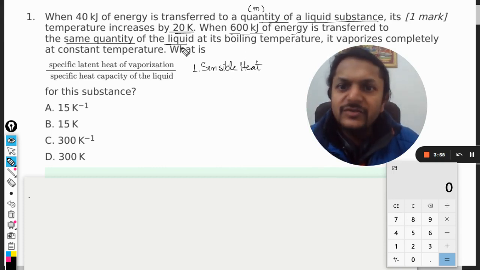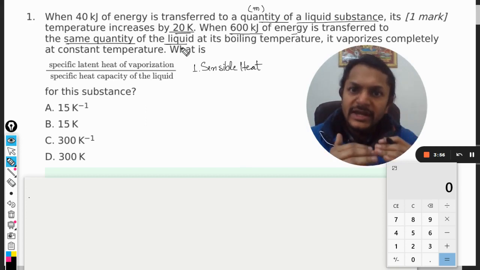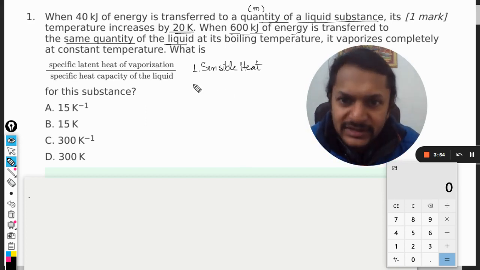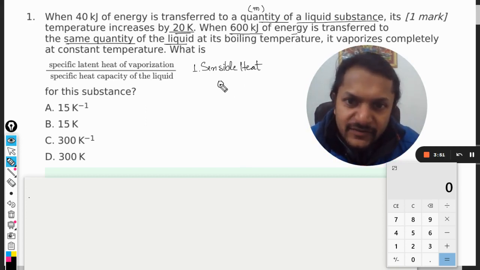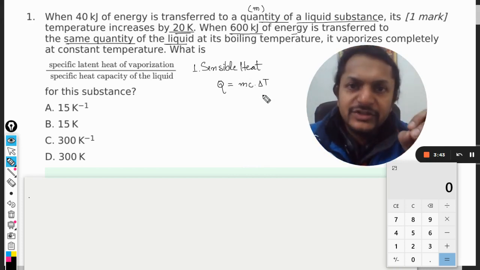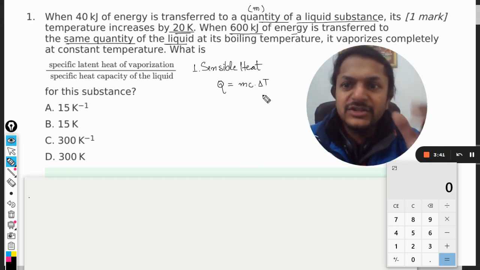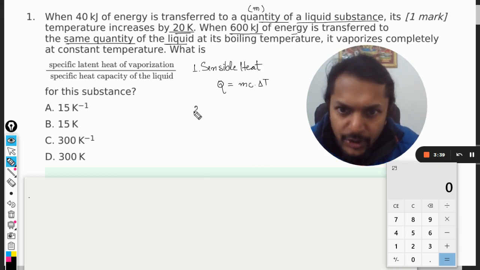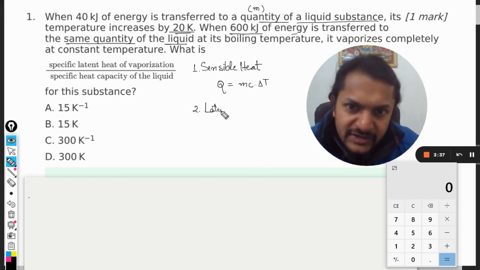So in this question we are going to compare these two heats, that is sensible heat and the second one is the latent heat. So in sensible heat we use the formula Q is equal to mc delta T, where delta T is the temperature change, m is the mass of the substance, c is the specific heat of the substance, Q is the heat provided. Now, point number two, the second kind of heat is known as latent heat.